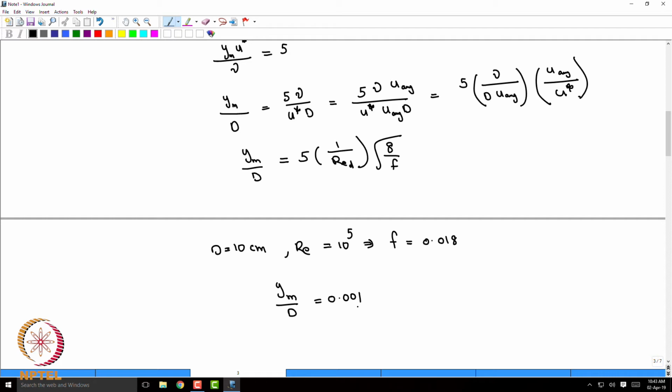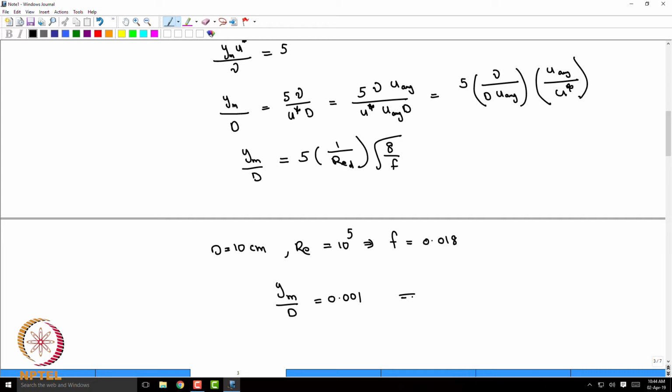So what am I trying to do? I'm just trying to estimate how big the wall layer is going to be, in terms of some real numbers. So I'm just giving some numbers and trying to see how big it is going to be for a Reynolds number of 10 raised to 5. And I find that the height maximum compared to the diameter is going to be 0.001.